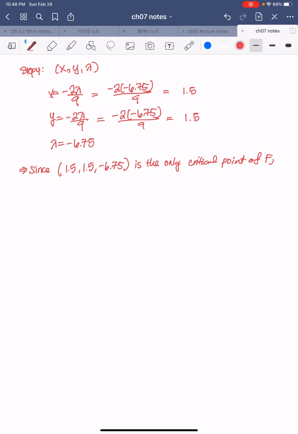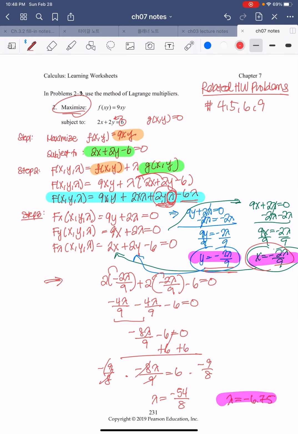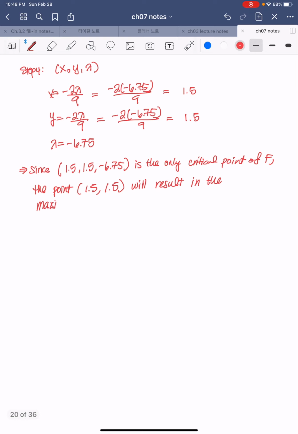So the point 1.5, 1.5 will result in the maximum, because we are maximizing the value of the function.